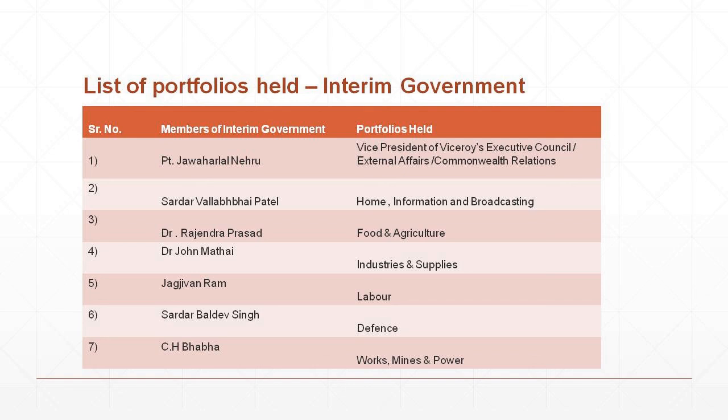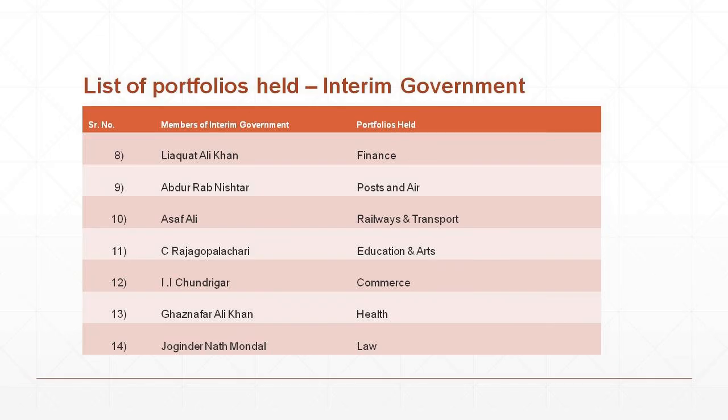That is a list of ministers in the interim government. We know that an interim government was formed just before independence, and Muslim League was also part of this interim government. So we can see Liaquat Ali Khan in finance, who did not allow the government to run, and Muslim League came out of this interim government. So you can read this for knowledge.